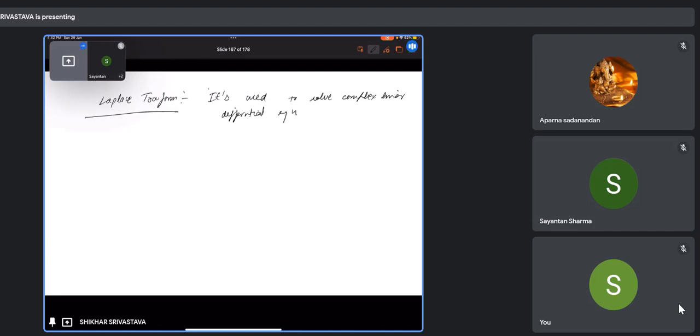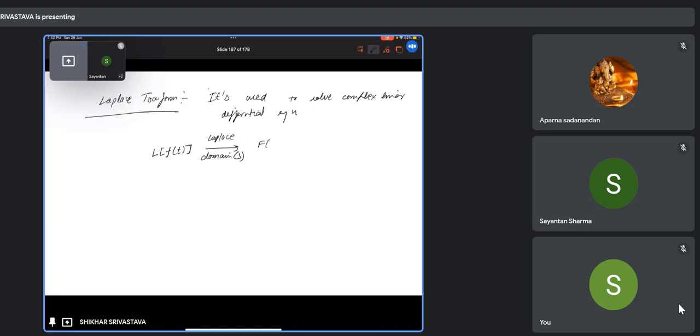Suppose you have any function f of t, then you take the Laplace transform of that function. In the Fourier transform, you converted the function from time domain to frequency domain. Here you convert the function from time domain to some Laplace domain, which is nothing but s.